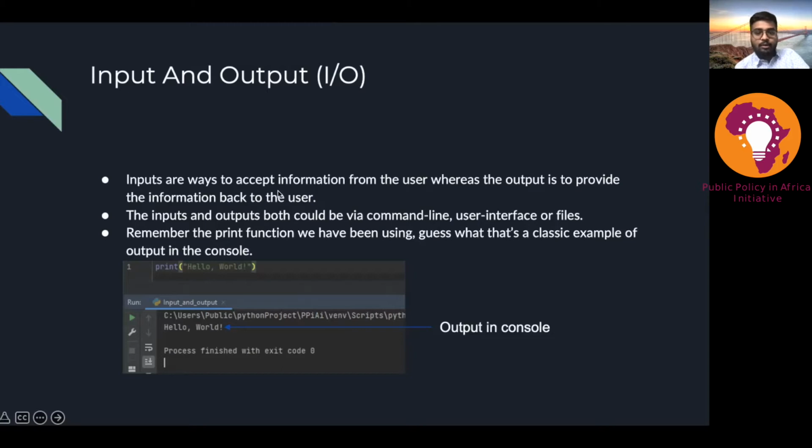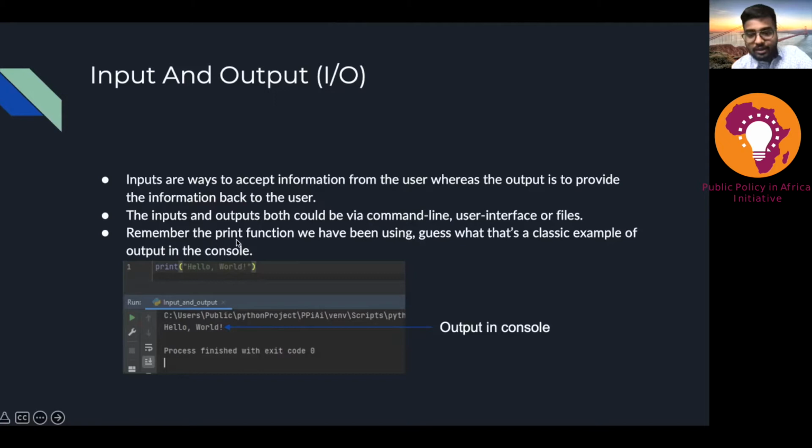It is a way to provide information back to the user. The input and output both could be used via command line, user interfaces, or files. We will be learning more about command lines and files in this lecture today.